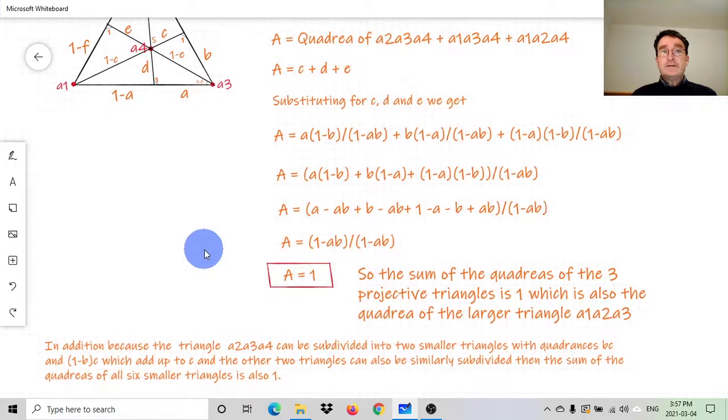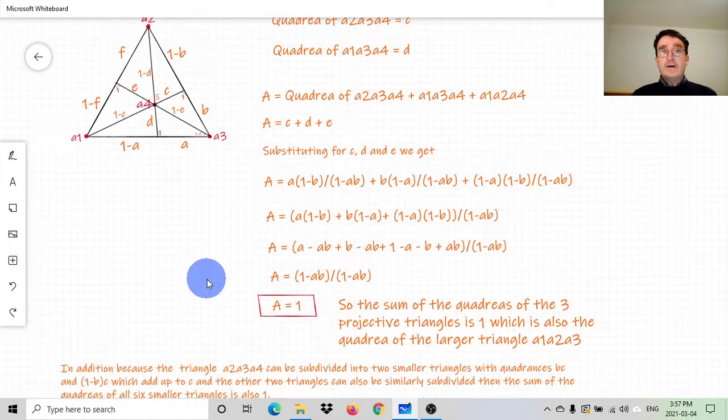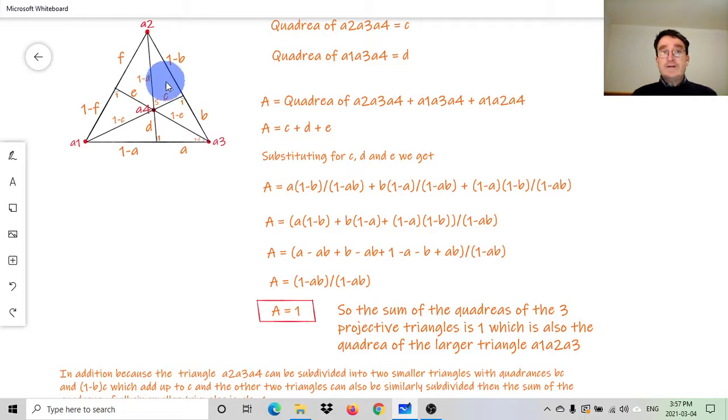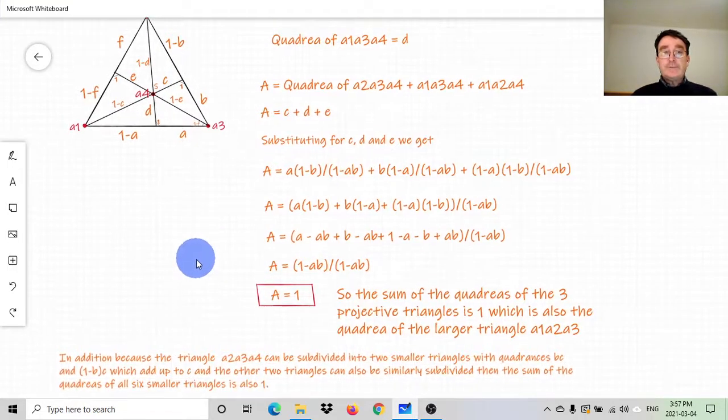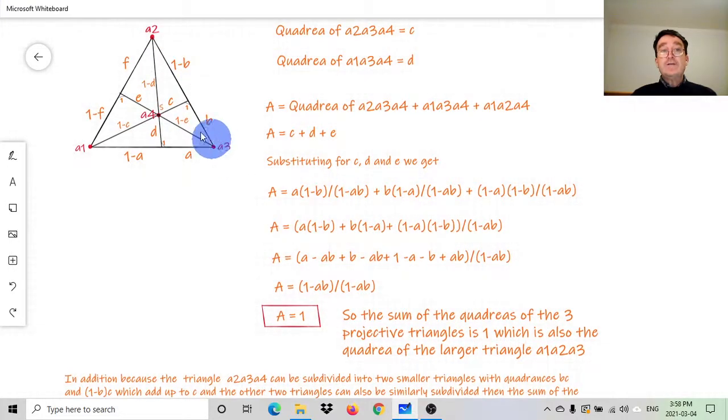Okay, so we also have these smaller triangles. For instance, for triangle A2, A3, A4, you have this smaller triangle here and over here. And if you sum the quadrias of those two, you'll get 1 minus B times C plus B times C, which is equal to C. So the quadrias of these two smaller triangles add up to the quadria of this A2, A3, A4.